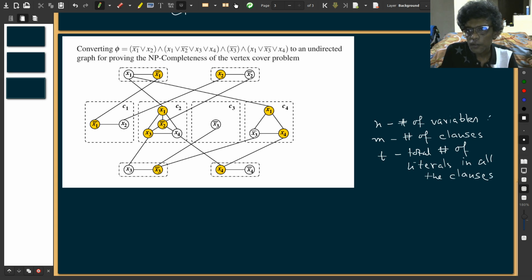So in our example, there are 4 variables, there are 4 clauses. And what is the total number of literals? 1, 2, 3, 4, 5, 6, 7, 8, 9, 10. So this is 10. As L, I will take N plus T minus M.